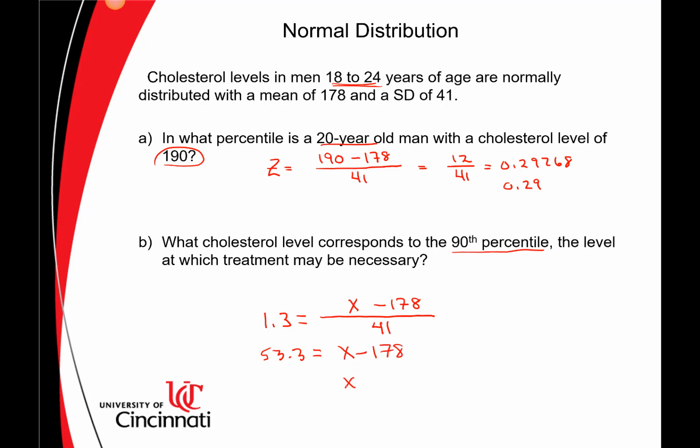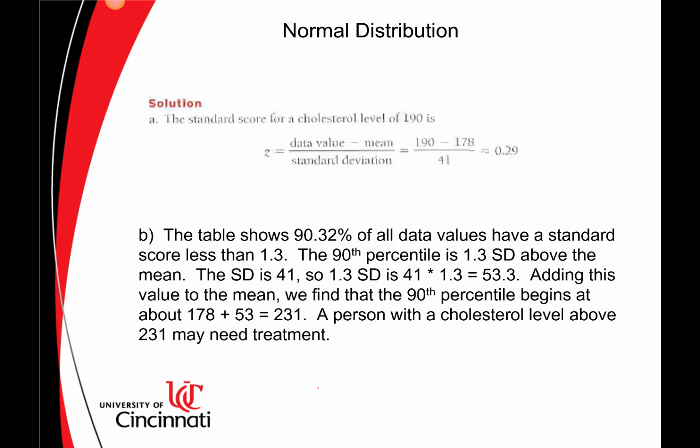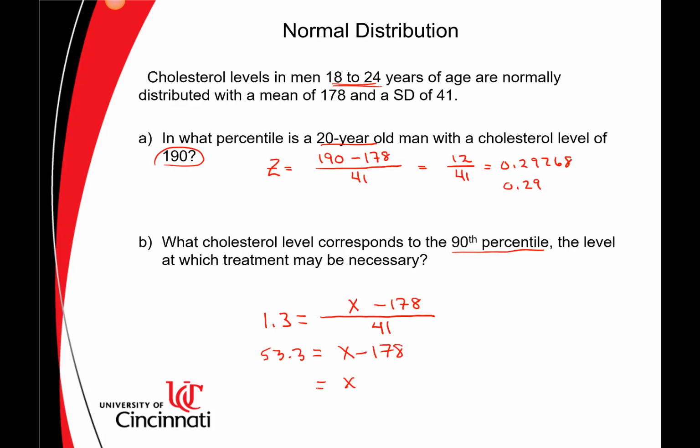Now, to get X, or this cholesterol level, what are we going to do? Add the 178, yeah. So we're going to do plus the 178 equals, and you're going to say, oh my gosh. Cholesterol level of 231, is that good news, or you all recognize that as, we got problems here, okay?